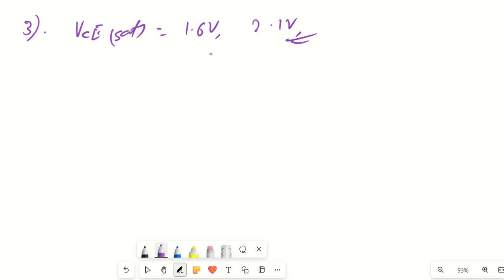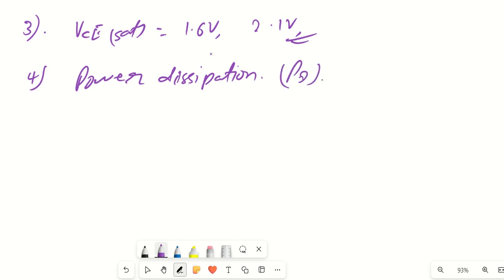Similar to that, we have power dissipation capability. In power dissipation, basically it is PD. It can range from, let us say, 144 watt or maybe 220 watt. It depends on what is the capability of the IGBT that you are choosing, right?